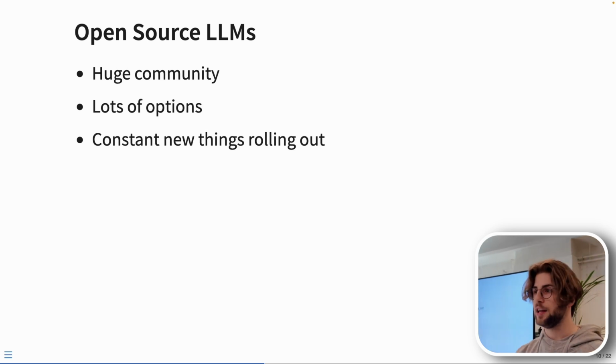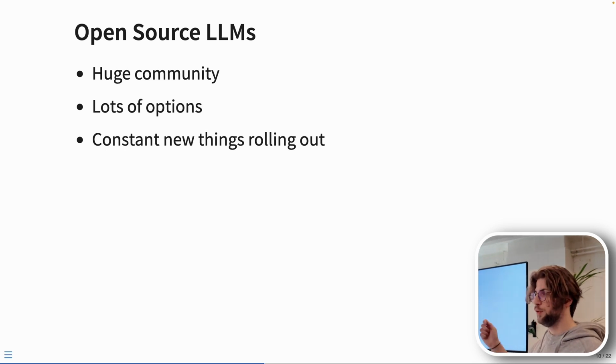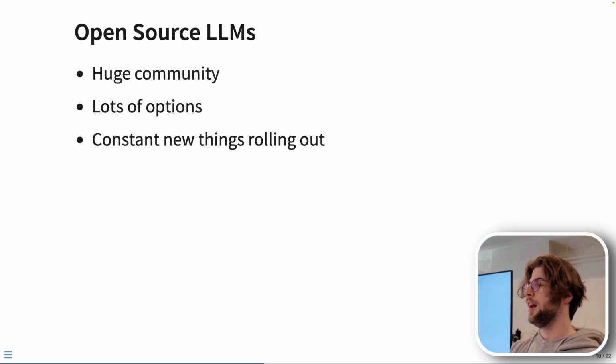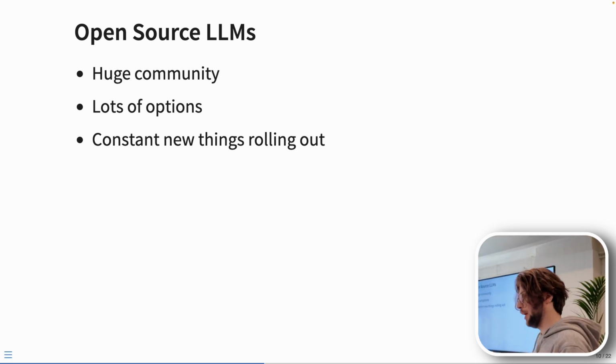Hugging Face basically has separate sections where you can look at any fine-tunes and versions of models. The whole thing is amazing, and there are constantly new things rolling out.